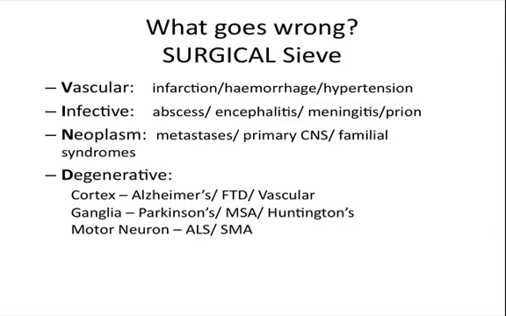And things that affect the ganglia, so that's going to affect your movement. So you've got Parkinson's, because you have your shuffling gait, if you remember, multiple system atrophy, and Huntington's with its classic choreiform movement. And then finally motor neuron disease, including amyotrophic lateral sclerosis and SMA.